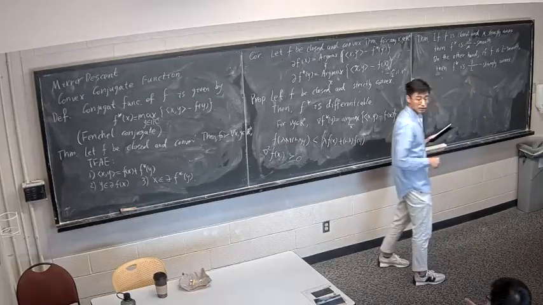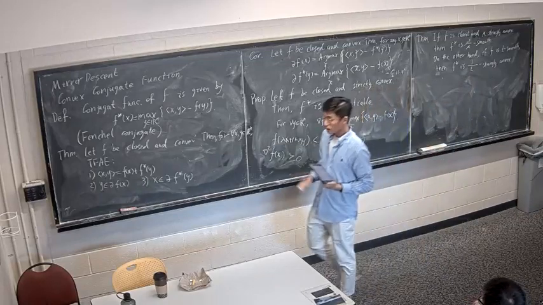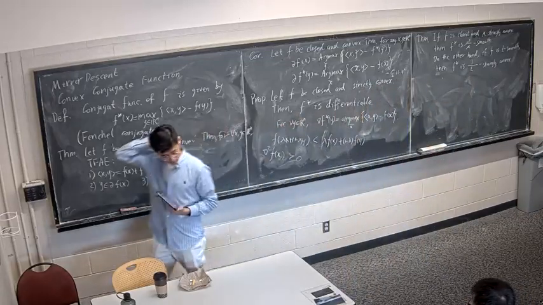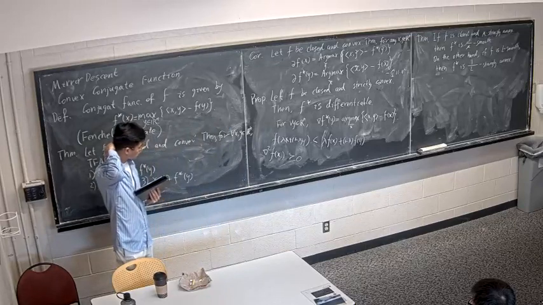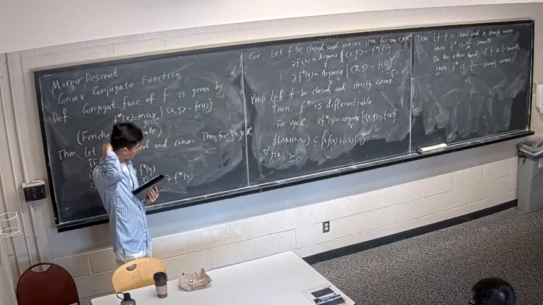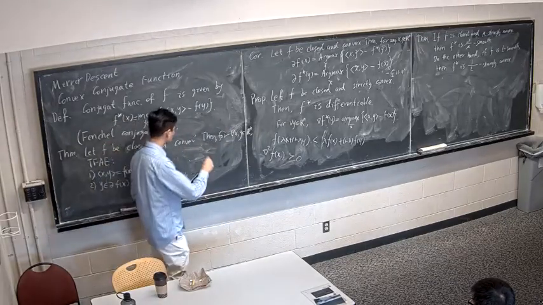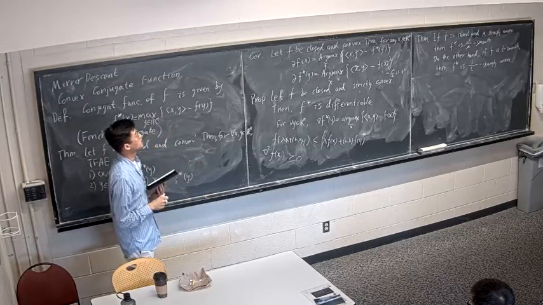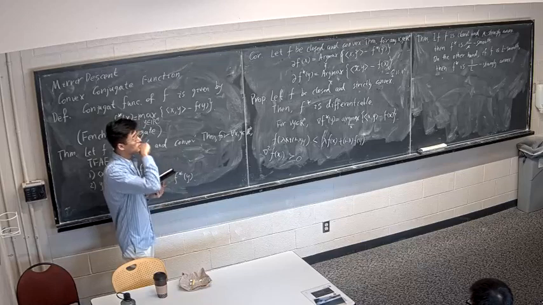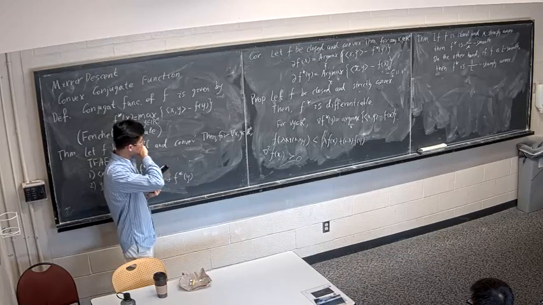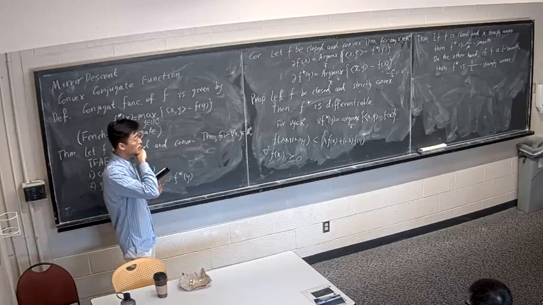Is f double star equal to f? Yes, but it's not always true. I think f double star is f when f is closed and convex. I need to check the condition, but closedness is always needed.